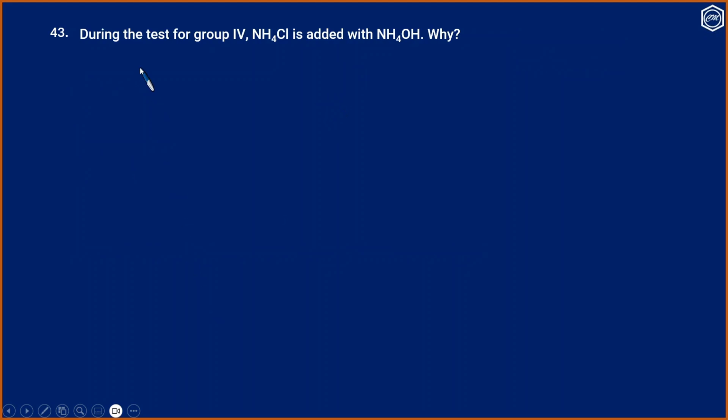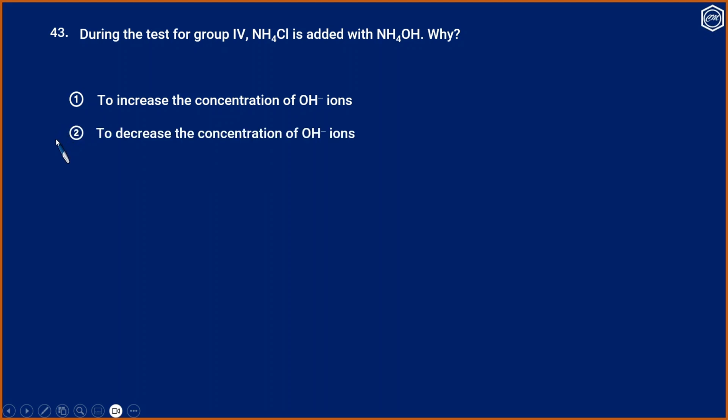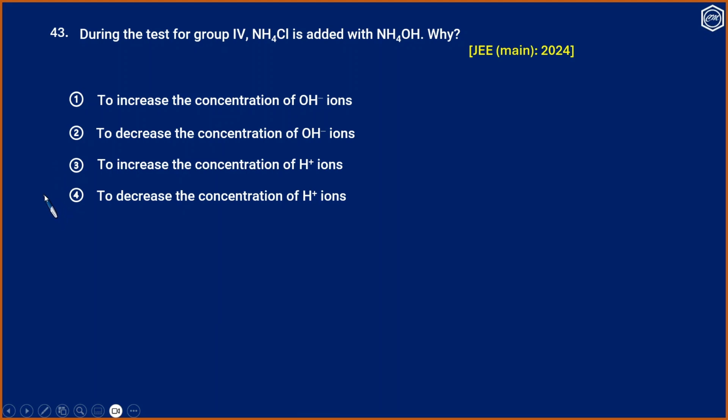Question number 43. During the test for group 4, ammonium chloride is added with ammonium hydroxide. Why? Option 1, to increase the concentration of hydroxyl ions; 2, to decrease the concentration of hydroxyl ions; 3, to increase the concentration of H+ ions; 4, to decrease the concentration of H+ ions.